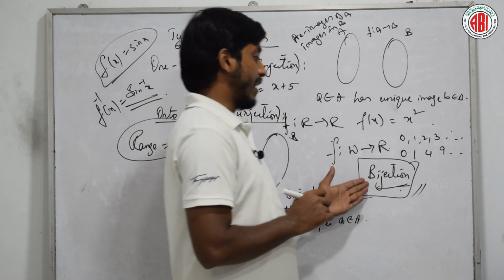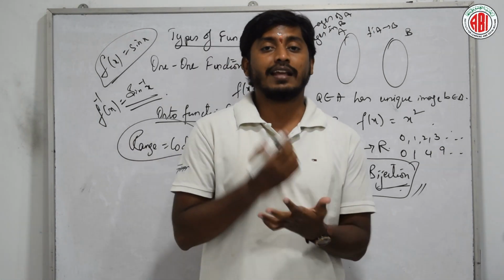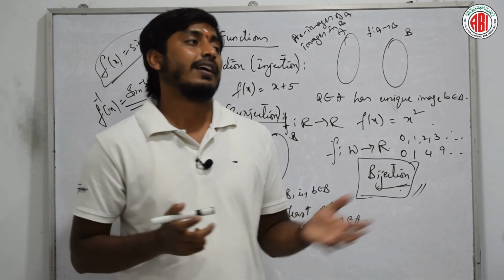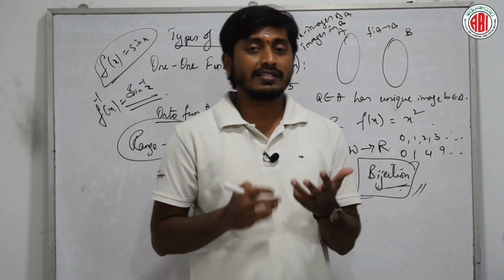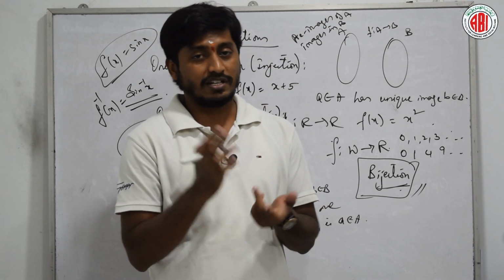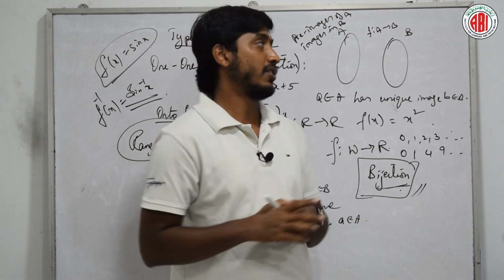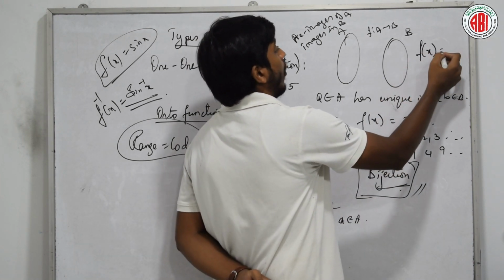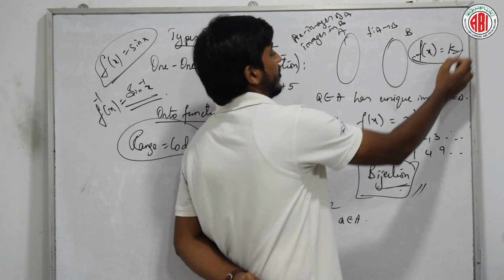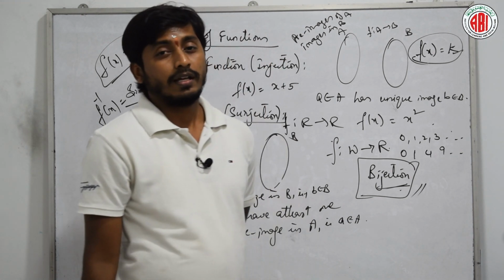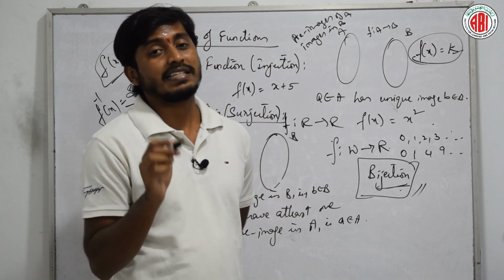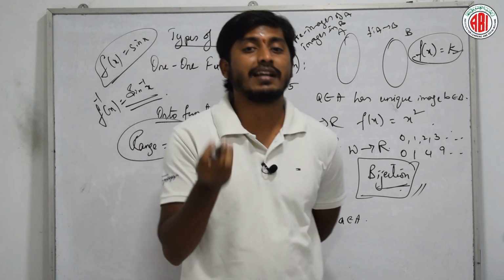If a function is bijection, then its inverse exists. Clear? Fine. Other than them, one more thing is constant function, identity function and composite function. A constant function always gives a fixed image, that is a constant image.